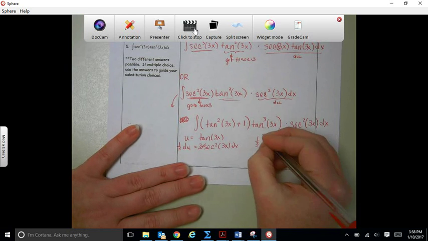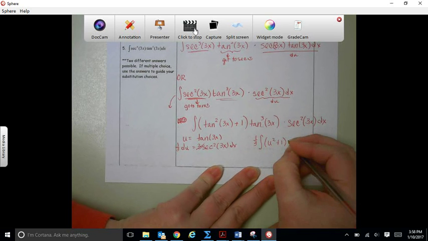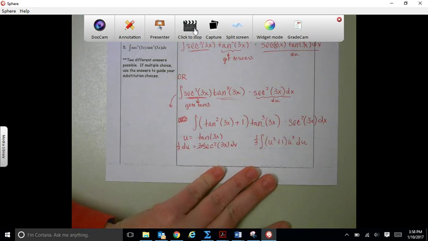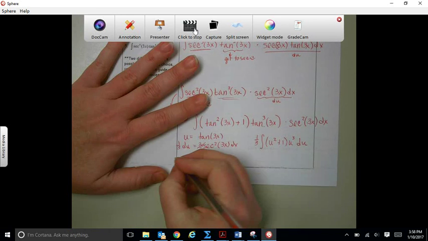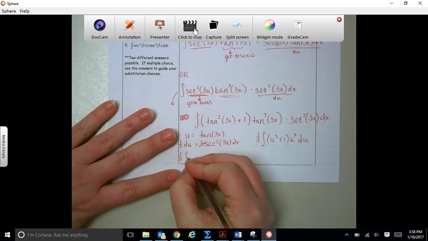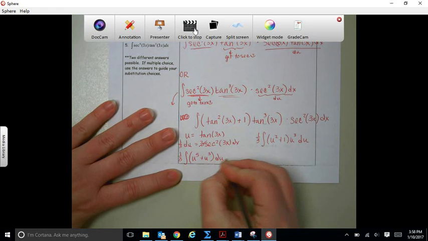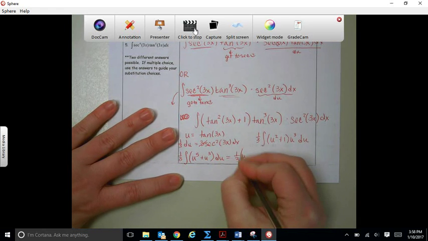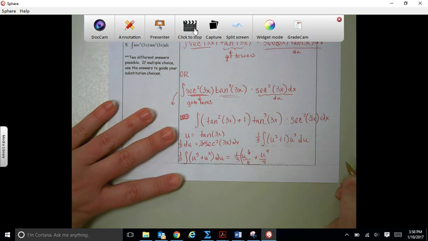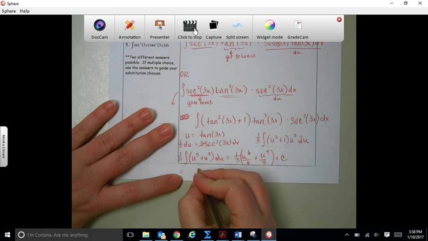So I have 1/3 the integral, that u squared plus 1 times u cubed du. FOIL and do your power rule. So unsubstitute my u.